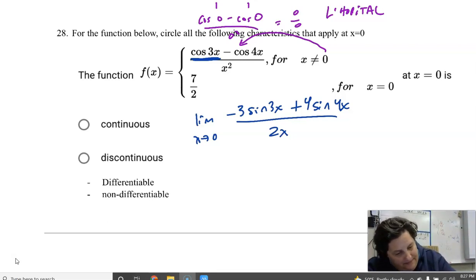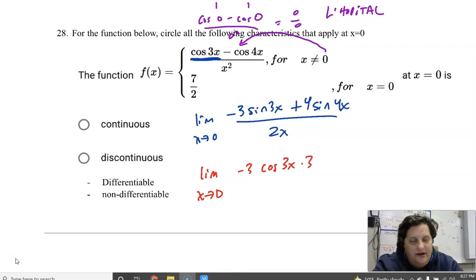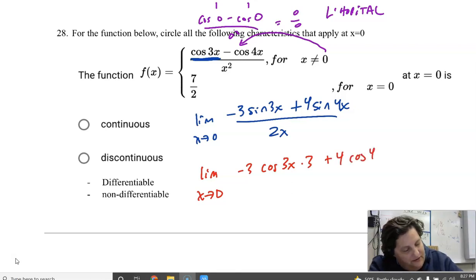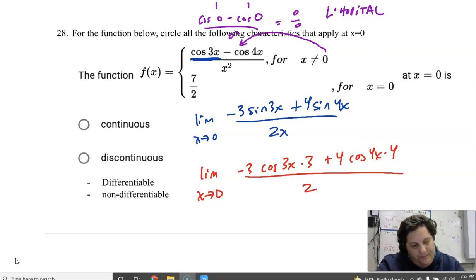Let's do it one more time. Okay, negative 3. The derivative of sine is cosine 3x times another 3. You can turn that into a 9 or not. Look, I'll just leave it separate. It's fine. The derivative of sine is cosine of 4x times another 4 over 2.